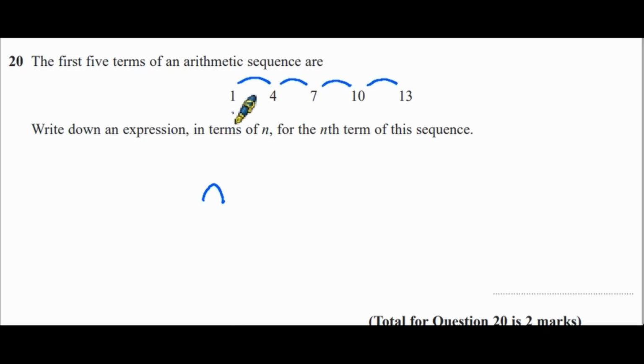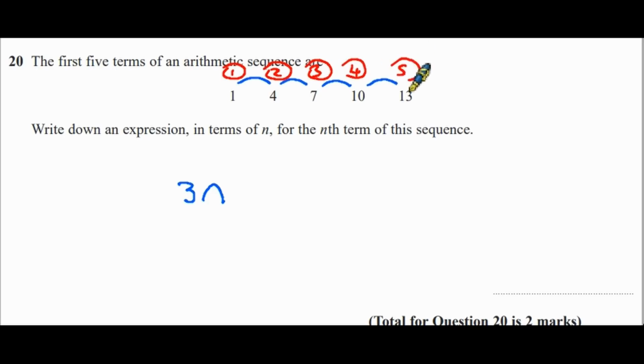In this case the numbers are going up in even steps, it's a linear sequence, and the gap between each term is 3. So quite simply the first part of the expression is 3n. We then have to consider that the number 1 is the first term and number 4 is the second term, and so along here.